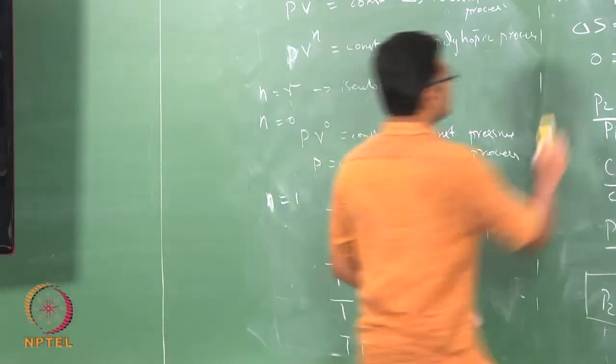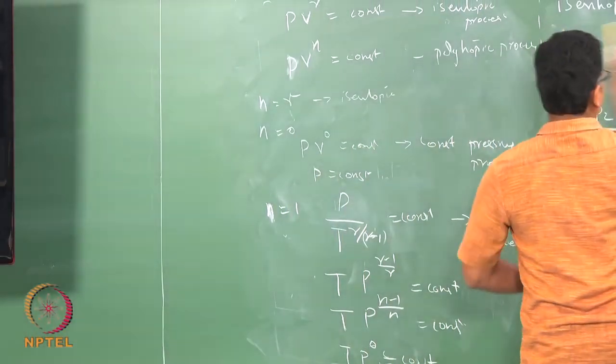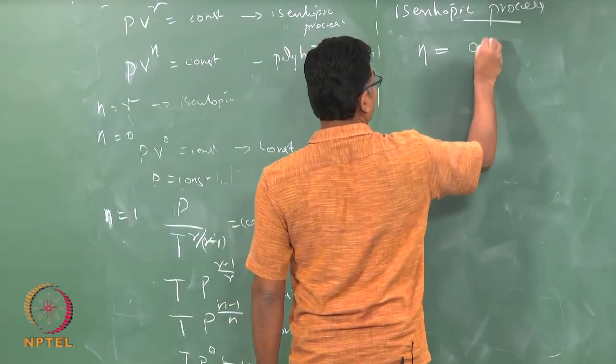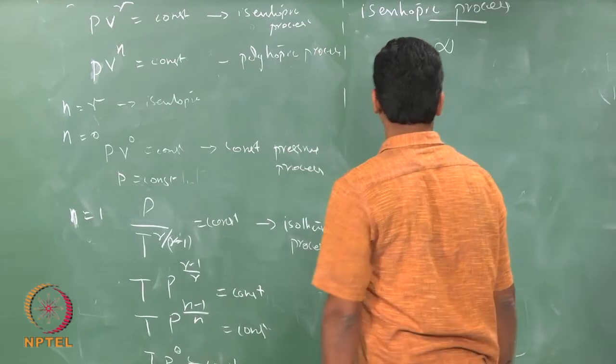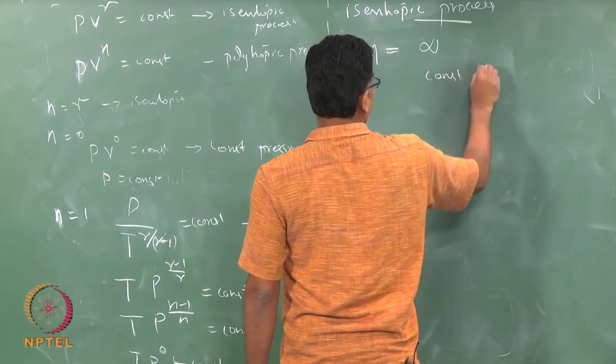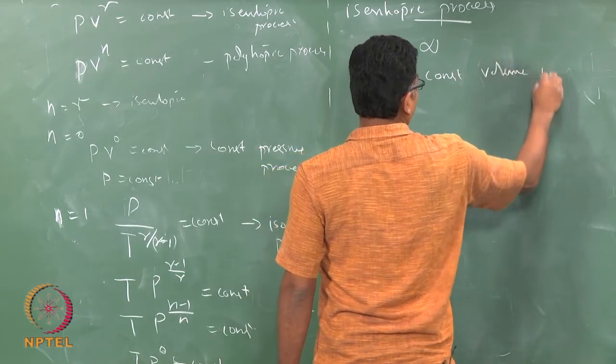If n equals infinity, then you will end up with a constant volume process.